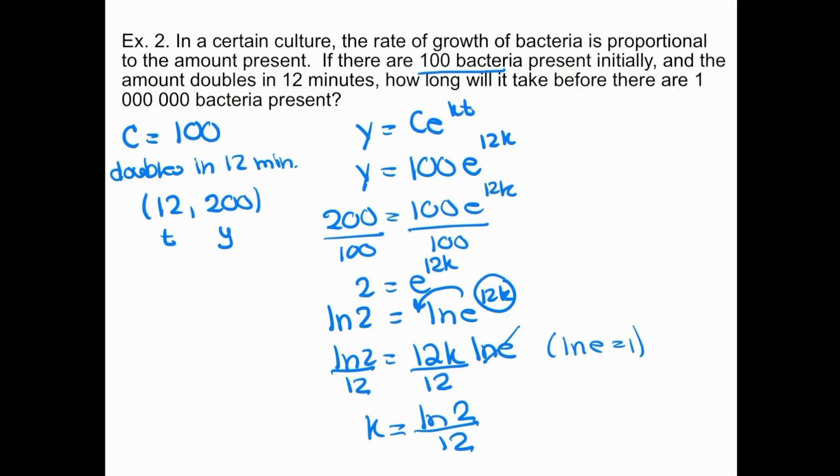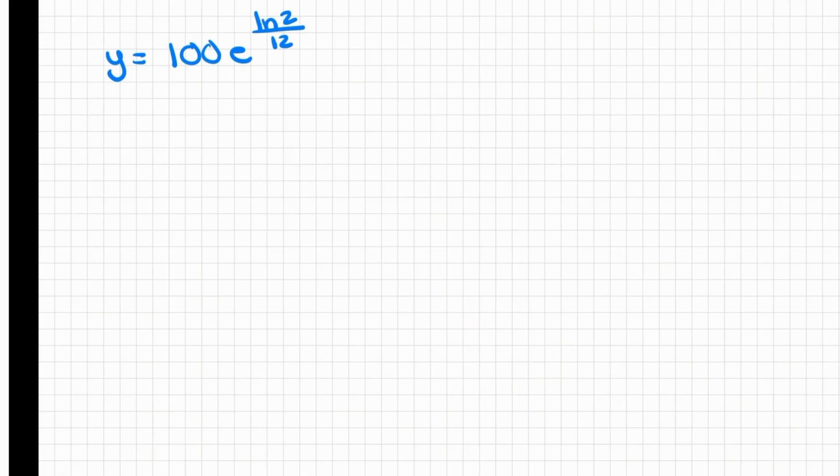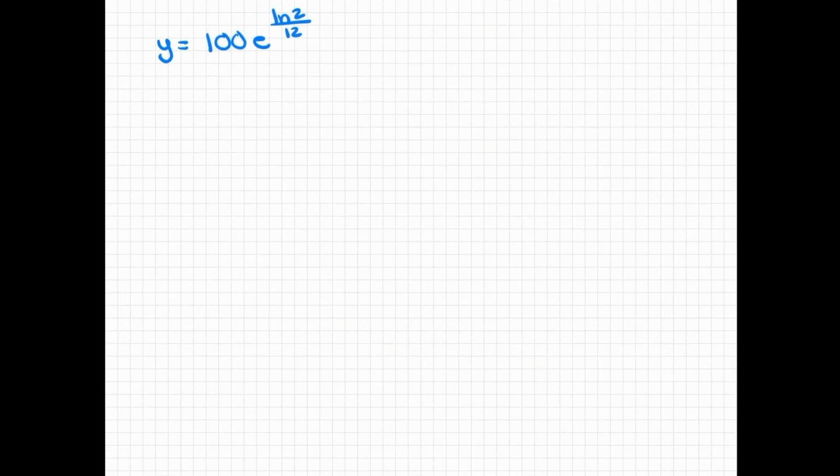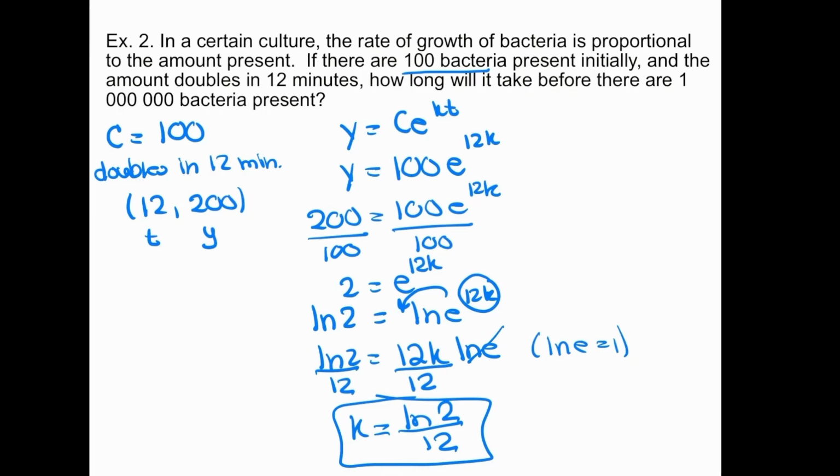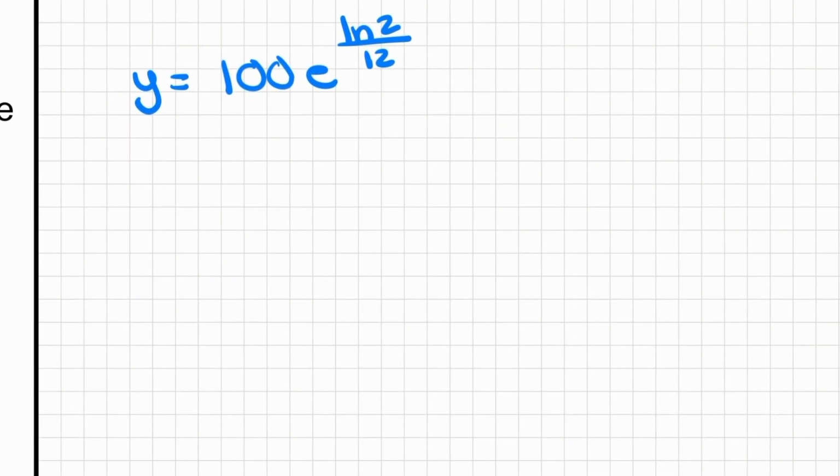Now we're going to put that back into our equation to use that inverse of E and the natural logarithm to cancel out and get us an equation that we can use. Okay, so I've added another page just to give us a little extra room. I have subbed in my K value of the natural logarithm of 2 over 12 into our original equation.